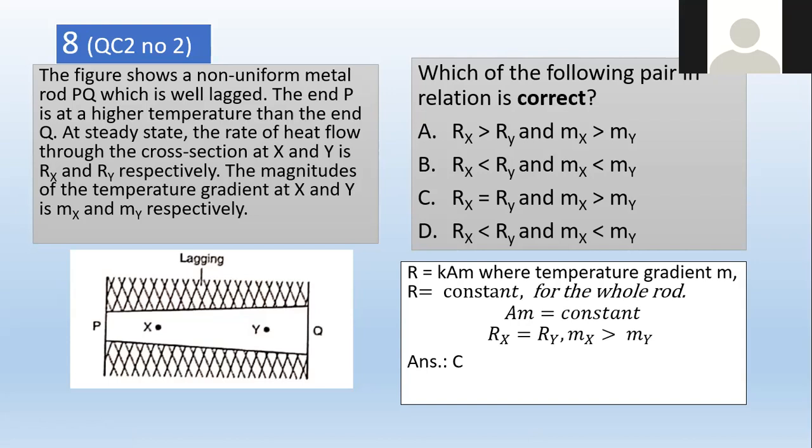Wait, okay, Rx equals Ry, okay, makes sense because R is constant. Like why is Mx more than My? From this equation, this one is constant, K is constant, so it means A and M are constant also. So if A is smaller, then M must be larger. Right? Inverse proportion.